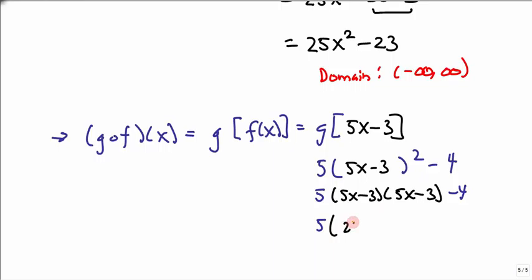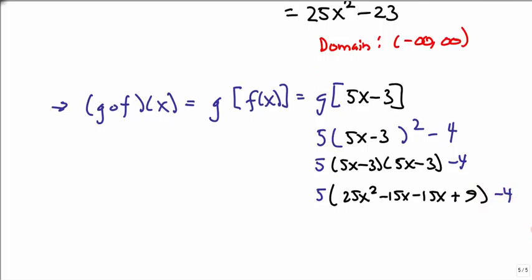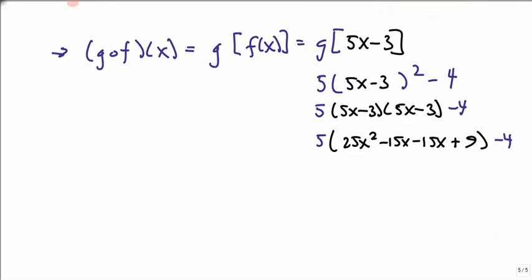So 5x times 5x is 25x squared. Outsides would be minus 15x. Insides would be a minus 15x. And last would be a plus 9. And then the minus 4 is on the outside. So we could simplify: 25x squared minus 30x plus 9, and then minus 4.